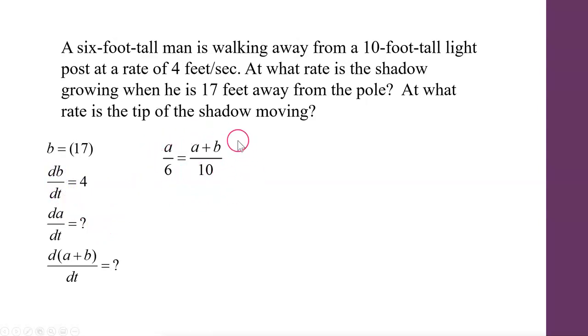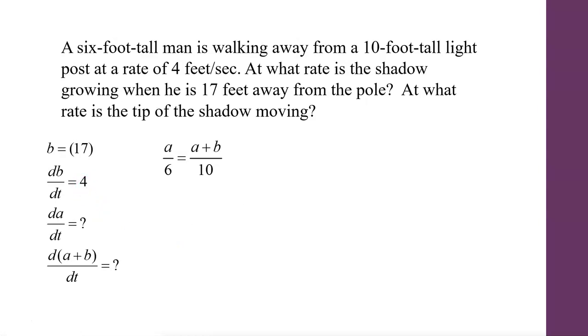So this equation should work. I already know the rates of B, so if I took the derivative, those would be the two rates in this equation. On one side, I would have dA over dt. On the other side, I would have both dA over dt and dB over dt. And one of them I know, so I should be able to find the other one.